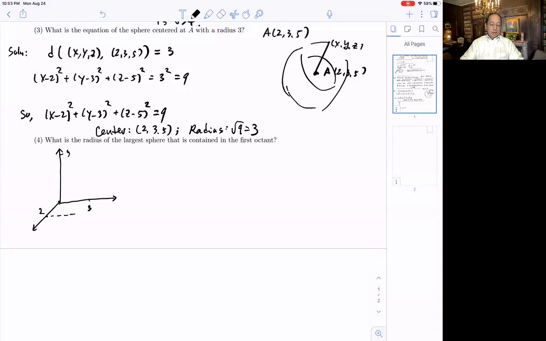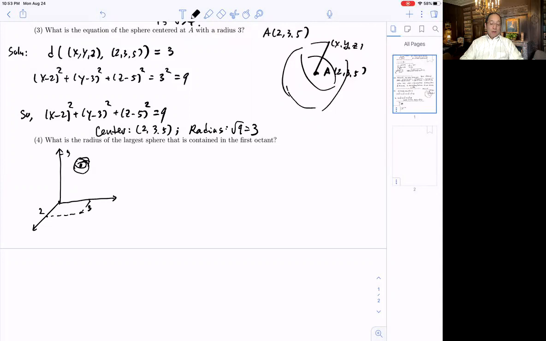And we have this point over here, and this is the center. Now, so-called in the first octant, that means you're going to draw a sphere over here that, if you draw a sphere with a very small radius, of course it's going to be over here. But on the other hand, you don't want to touch any coordinate plane.